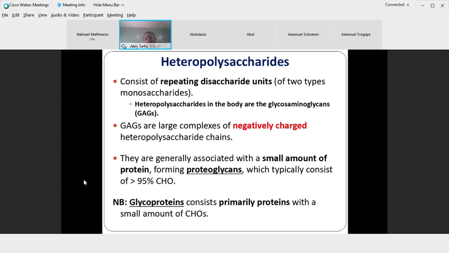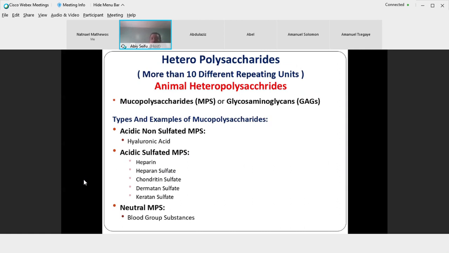That means in proteoglycans, the amount of carbohydrate is more than 95%, whereas if the amount of carbohydrate is very small and the protein part is dominant, we call it glycoproteins. Primarily it's proteins, but a small amount of carbohydrates can be present.